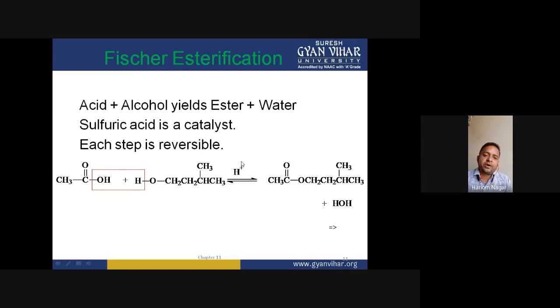This reaction is carried out in the presence of acid, generally sulfuric acid, which gives H plus ion. But after the reaction, it also takes H plus ion from the reaction medium. So overall, there is no change in the concentration and the structure of the sulfuric acid.